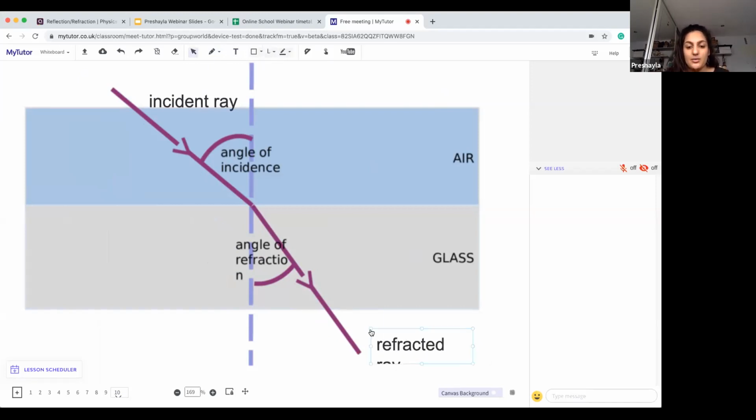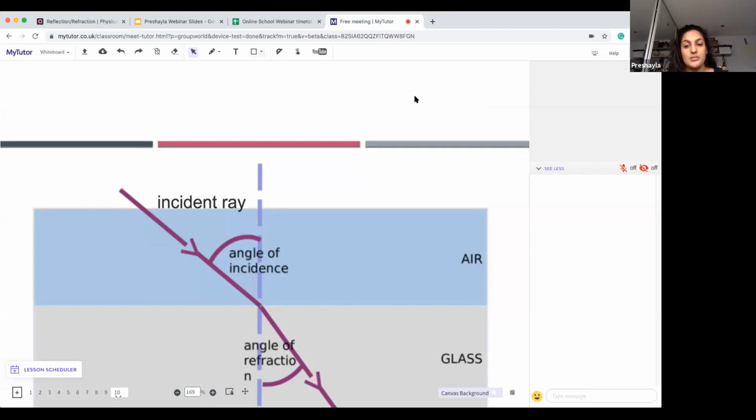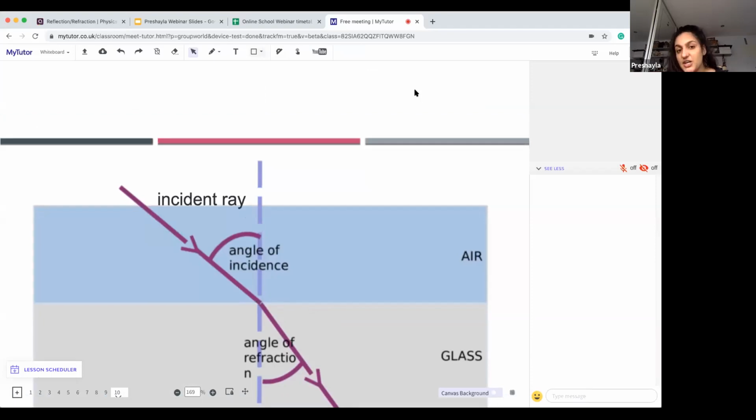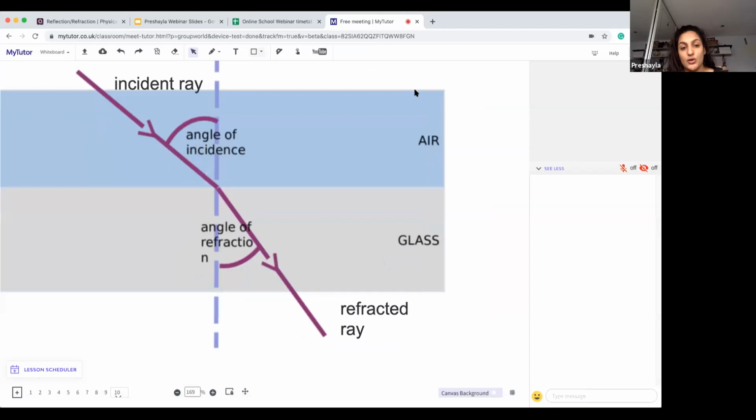So the angle of incidence is still the same, and the angle of refraction is this angle here. Now, for reflection, the two angles are equal. For refraction, the two angles are not equal. And that's because it's being bent, right? It's being bent. That's not going to be the same angle anymore. If we were to carry it on in a straight line, yes, it would be the same angle, but it's not.